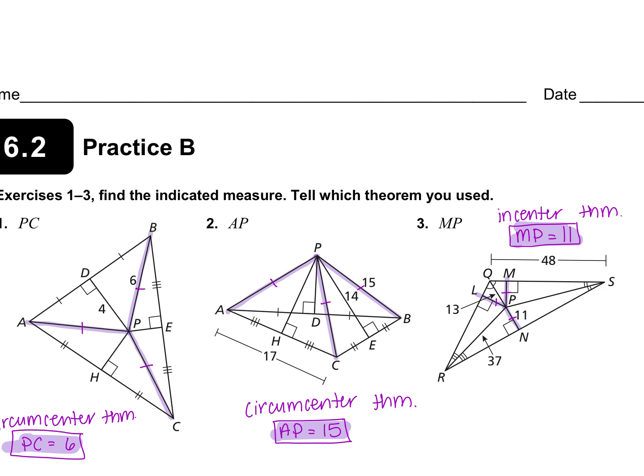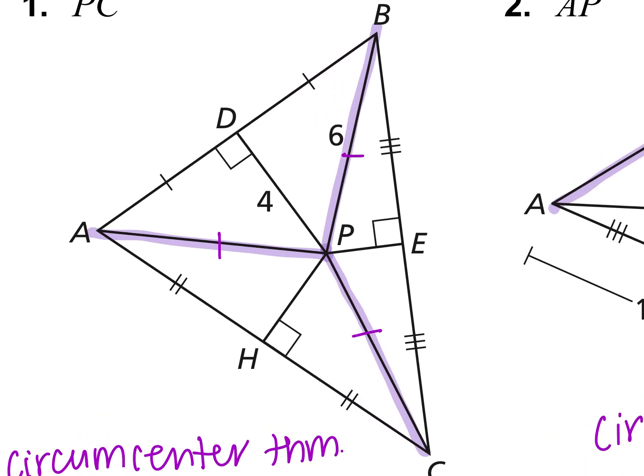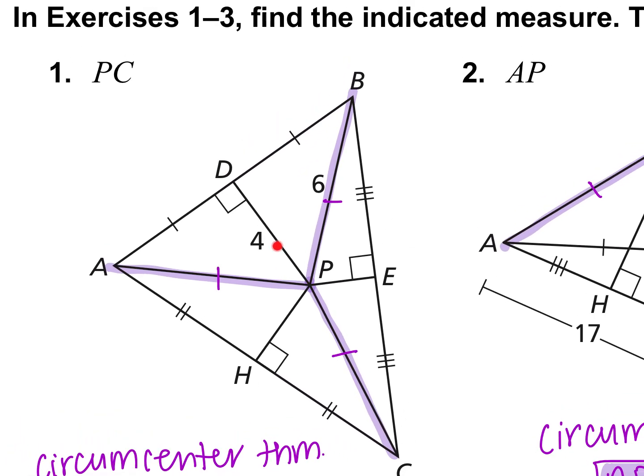Okay, so the difference between incenter and circumcenter is, remember, the segments inside, you have angle bisectors and you have perpendicular bisectors. You have to know which one goes with which. Perpendicular bisectors are circumcenter. Angle bisectors are incenter. So if you're looking at the diagram on the first one, these are cutting my segments in half.